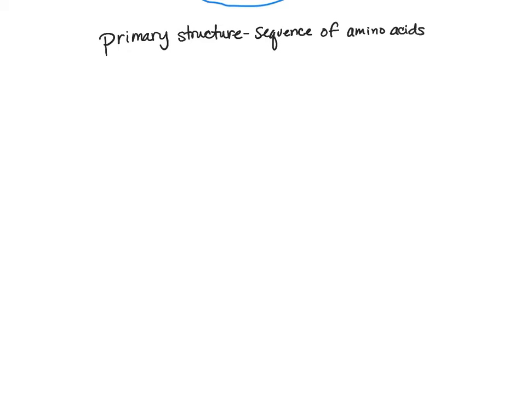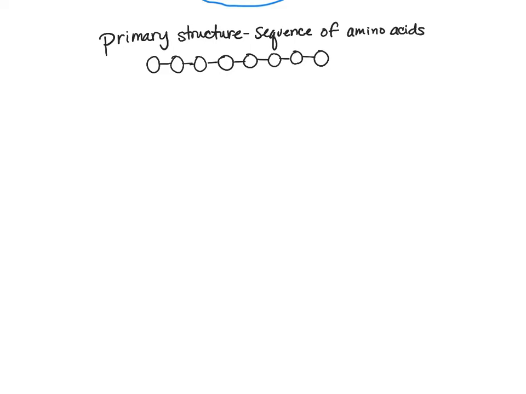So this is our amino acid chain that has the polypeptide bond. The primary, or first, structure of our protein is where we take our individual amino acids and attach them to each other with the peptide bonds.